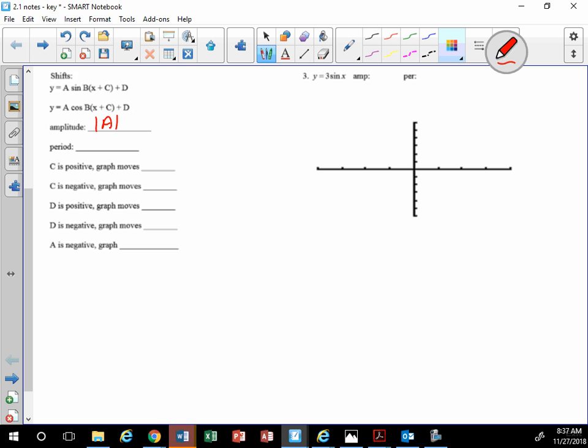So you can think of this as the vertical stretch with the other types of graphing we've done.